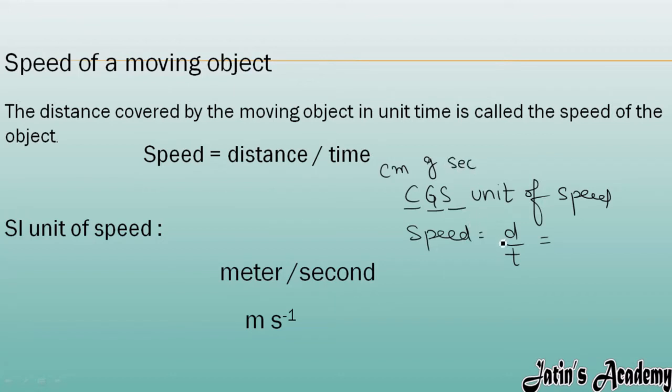Okay. So here we want to check the CGS unit of speed. So tell me, what is the CGS unit of distance? CGS unit of distance is centimeter. And CGS unit of time is second. So CGS unit of speed is centimeter per second. What is the SI unit? Meter per second. What is the CGS unit? Centimeter per second. Fine.